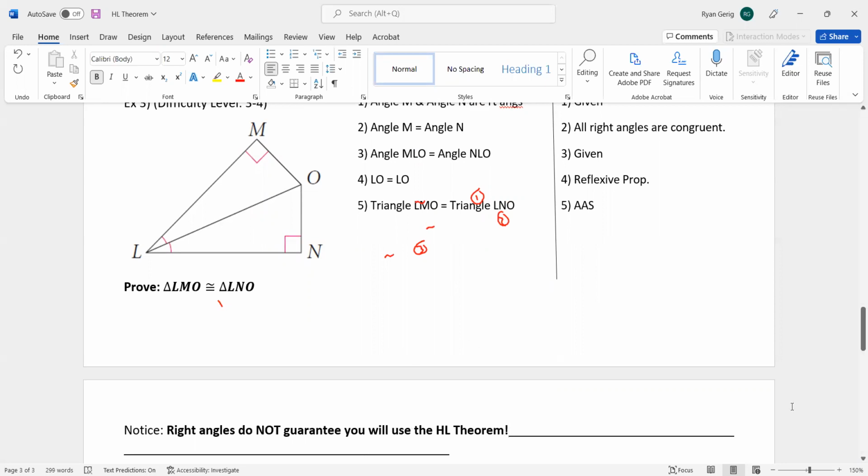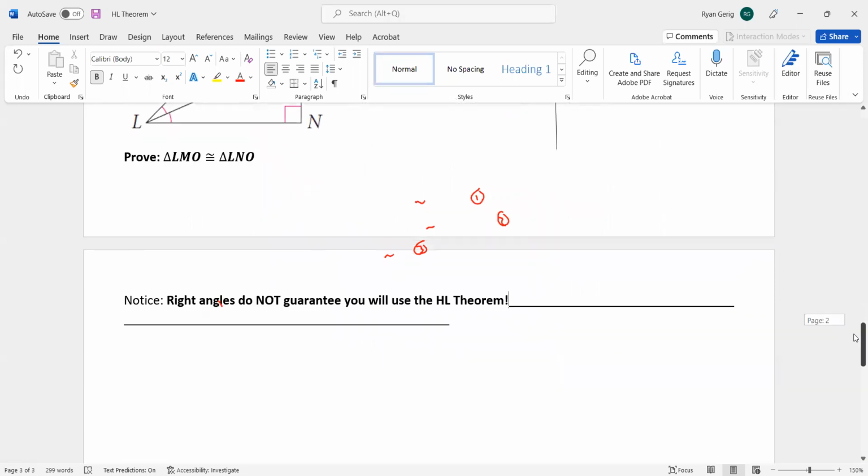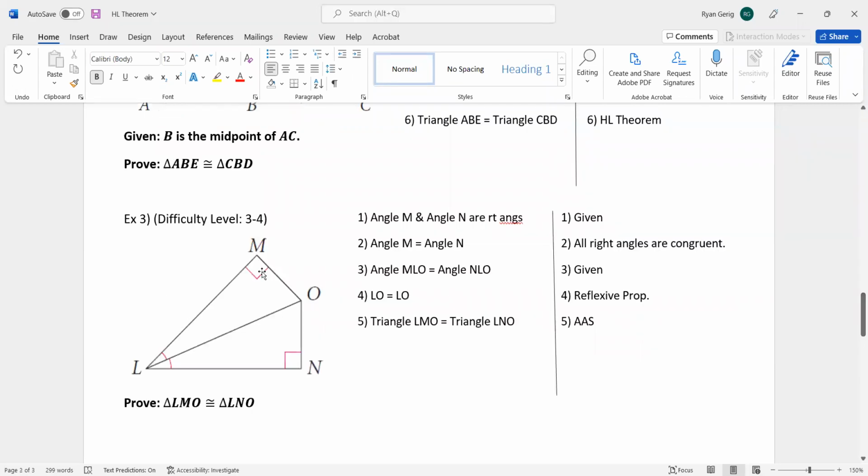Okay. Make sure you catch that. Right angles do not guarantee that you'll use the HL theorem. You can use the HL theorem, but it's not 100% every time. Right angles on this one, and we used angle side.